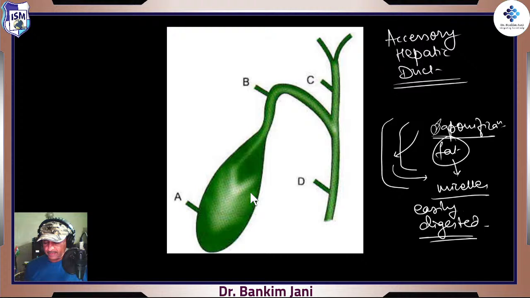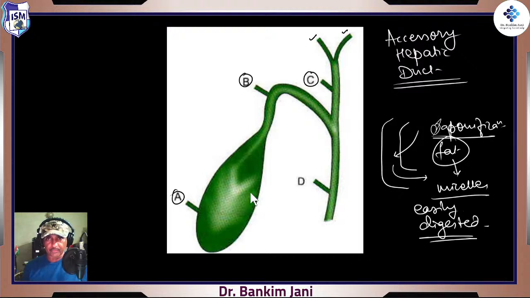So that's the function. Okay, so now these are like accessory hepatic ducts. The hepatic ducts will be opening like this, but they may open directly into the gallbladder, or into the cystic duct, or like this.